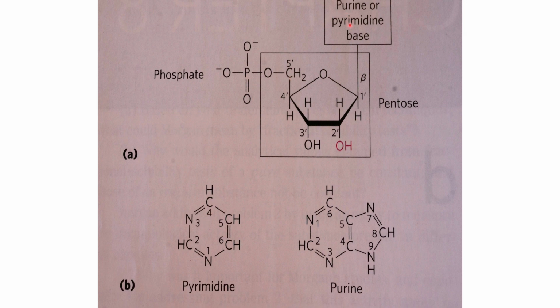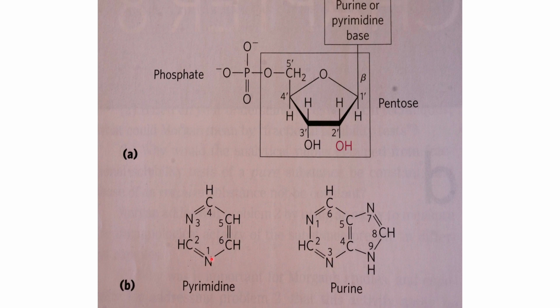This purine or pyrimidine base: the pyrimidine, again, has one ring, the purine two rings. The numbering system progresses 1, 2, 3, 4, 5, 6, and then 7, 8, 9, with 1, 7, 3, and 9 representing parts of the nitrogen that comprise the double ring structure.